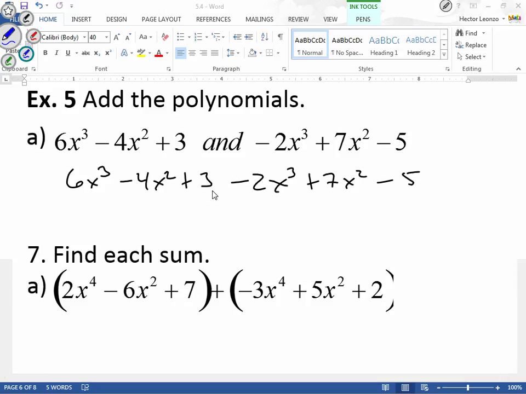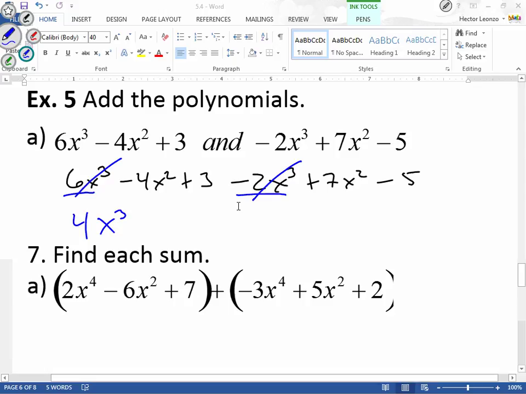The highest exponent here is x to the third. I can see them right there, x to the third. So I'm going to write my x to the third and combine the coefficients. So 6 minus 2 gives me 4. In fact, I'm even going to cross them out, so I know I already used them. After x to the third, I should have x to the second, which I see here and here.